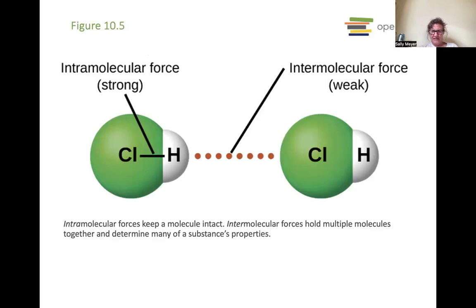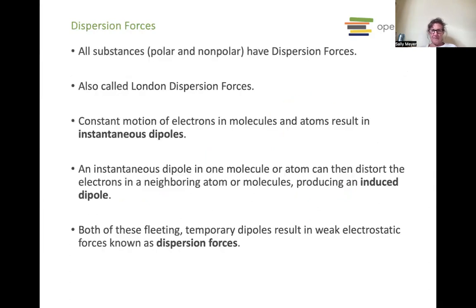So when we look at something like HCl, and we look back at what we learned about polar molecules, we know that HCl is polar because chlorine and hydrogen have different electronegativities. So the end with the chlorine is slightly negative, and the end with the hydrogen is slightly positive. So if you have them sitting next to each other, the slightly positive hydrogen end will interact in a favorable way, an intermolecular force, and that will be attracted to the slightly negative chlorine end.